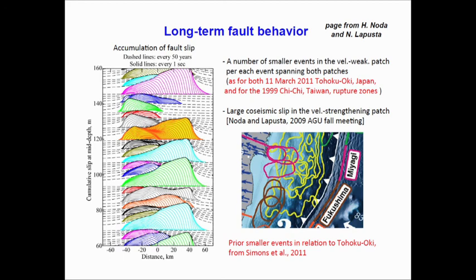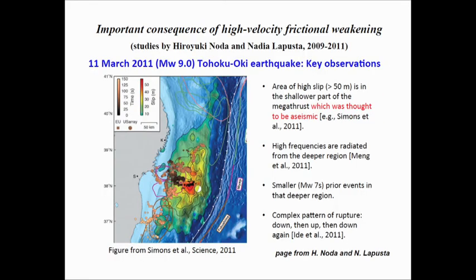It has been confirmed that the high frequency radiation again comes from down here and not from up here, but the biggest slips, getting up to of order 50 meters, which is a gigantic slip in an earthquake, half a football field, occurred out in this more shallow part of the subduction zone. I think I have another picture there, but I won't belabor the point.